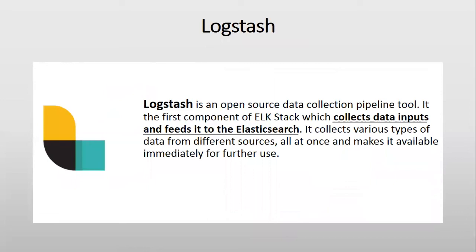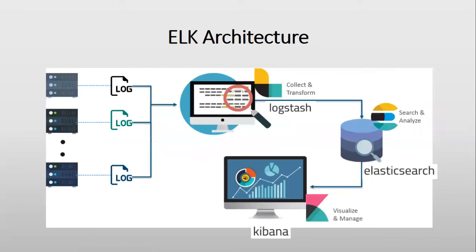So the second component we just discussed is Logstash. Logstash is an open source tool which collects data from the documents, processes it and feeds it to Elasticsearch. This is what we discussed in the architectural diagram.